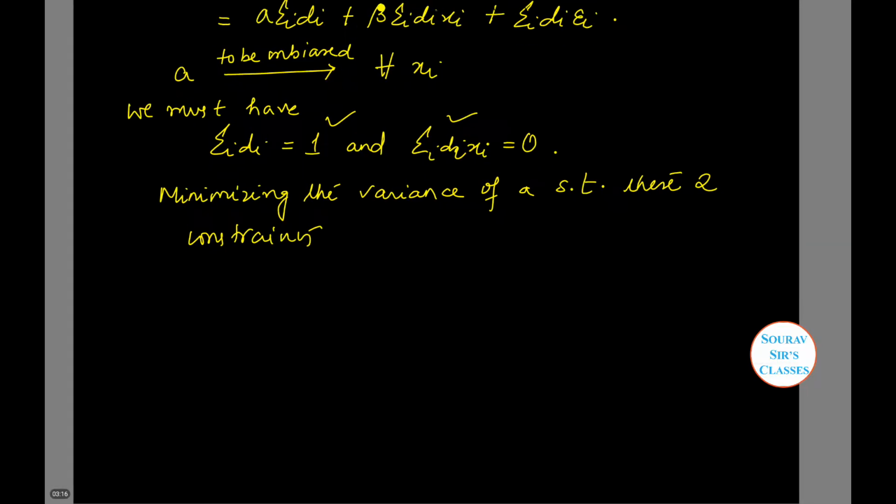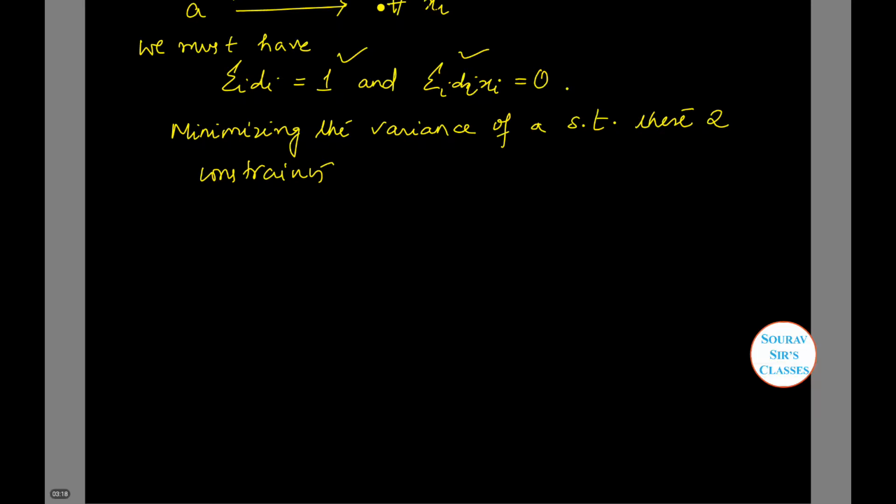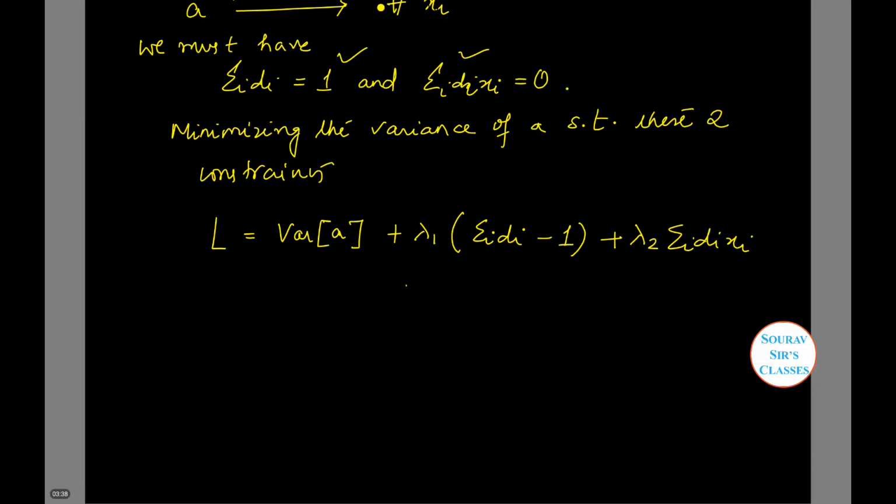So the Lagrangian is variance of A plus lambda 1 times the first constraint, plus lambda 2 times the second constraint, where we know variance of A is equal to sigma square summation di square.